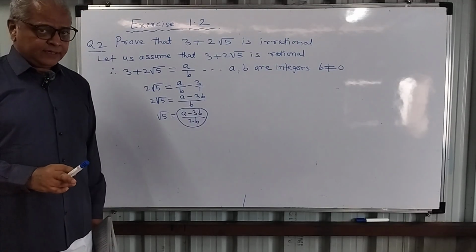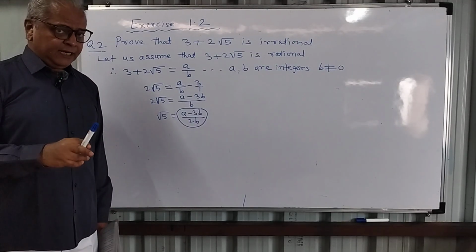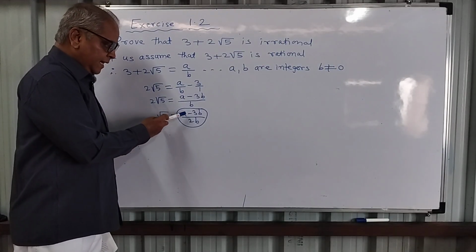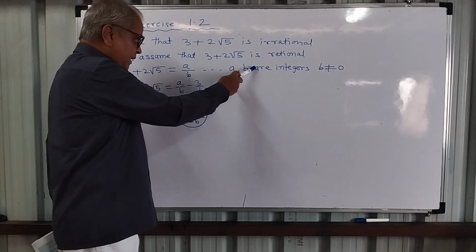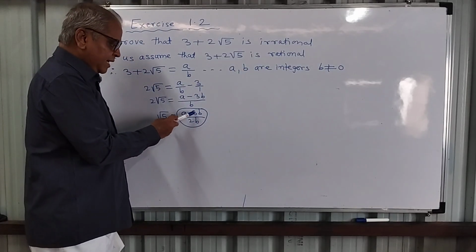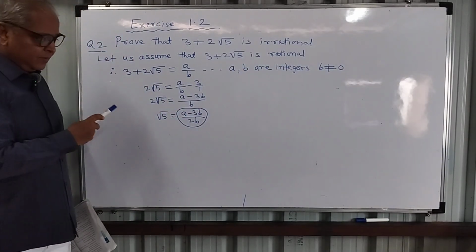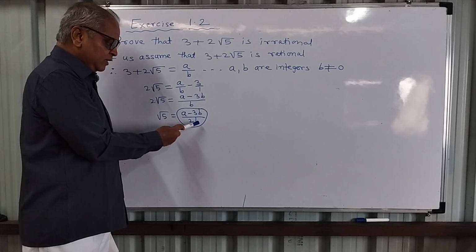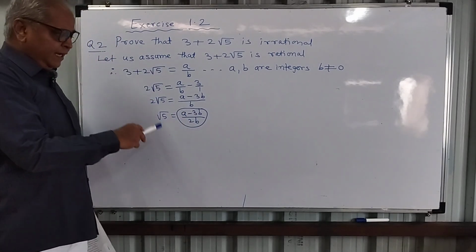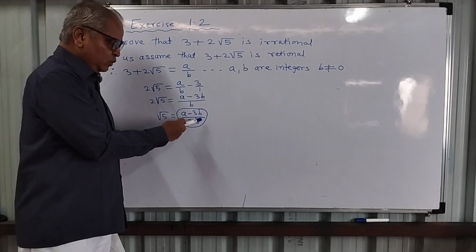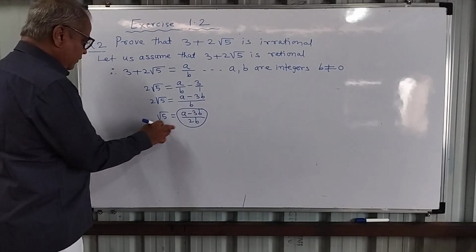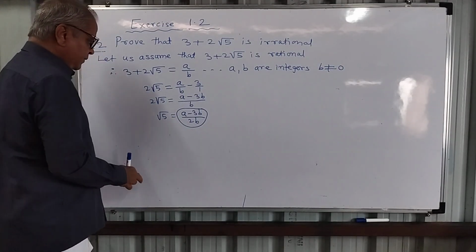Integer upon integer and denominator should not be 0, that is rational. Look at denominator, 2 into b, b is integer, that's why 2b is an integer, and b not equal to 0, that means 2b is not equal to 0. Therefore this has to be a rational number.